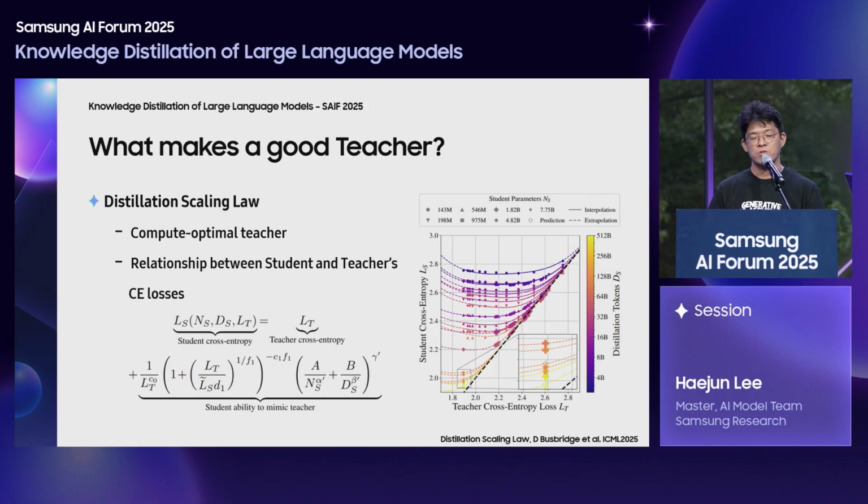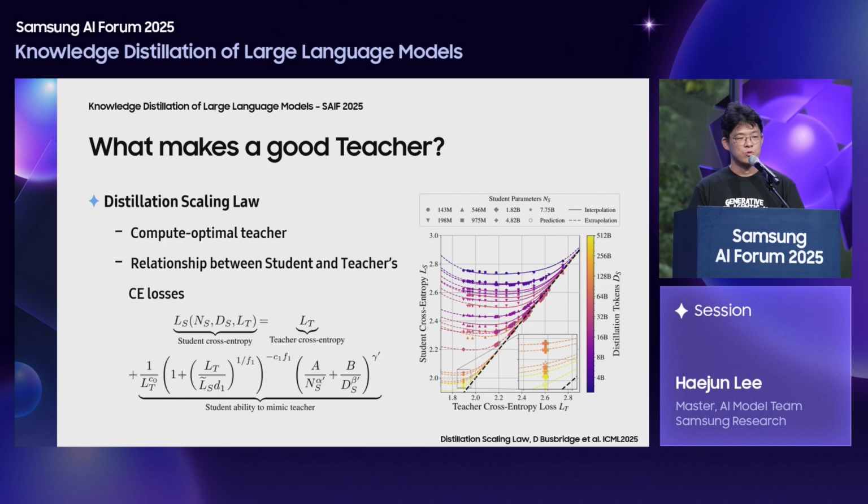When you plot that, you will get the graph on the right. This shows the amount of resources that you have, the size of the student model, and the amount of training. This can identify the expected loss, and you can come up with a compute optimal teacher based on this data.